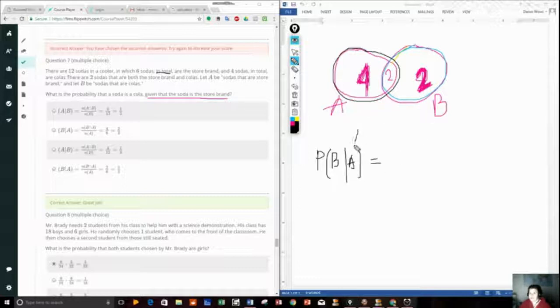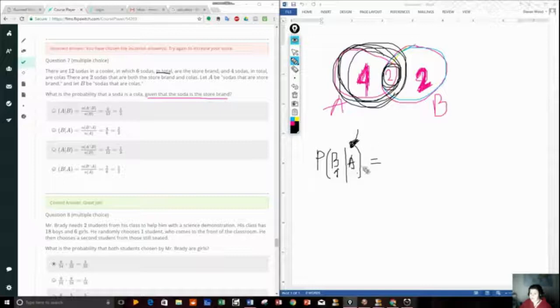So this is saying if I restrict my option just to A, just to the store brand, what's the probability that it'll be a cola? And that's this little section right there.